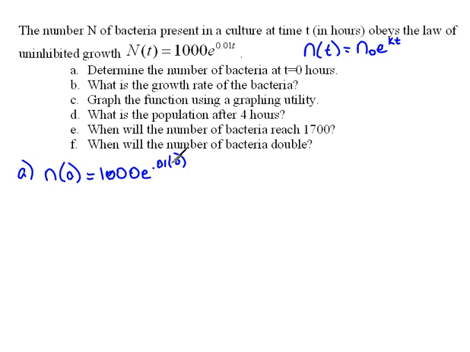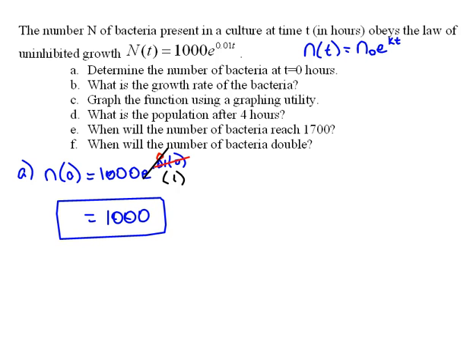Anytime you multiply 0 times something, that's 0. And e to the 0 power, well, anything to the 0 power is really a 1, isn't it? And 1000 times 1 is 1000. So at time 0, our number of bacteria present is 1000.